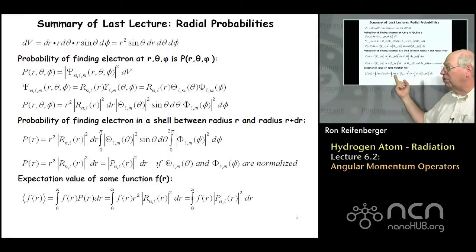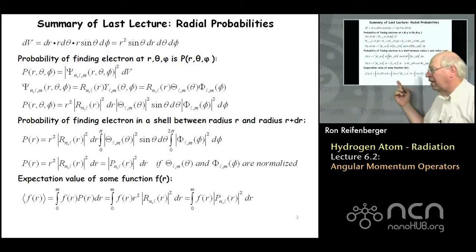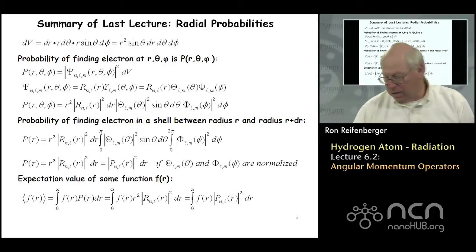If you perform this integral, you'll find out what the expectation value for that particular function might be. So this is the ultimate justification, right? This ability to go from this integral to an expectation value for some arbitrary function, that's the ultimate justification in my mind for this radial probability density that we've discussed.